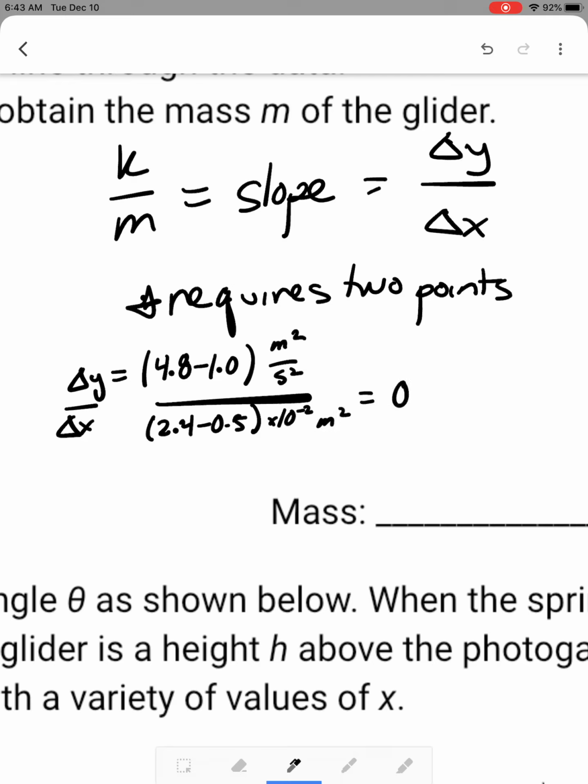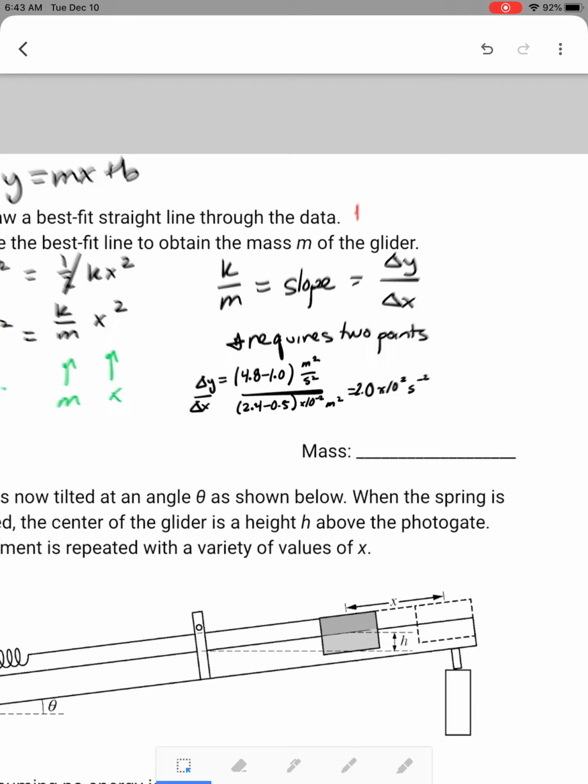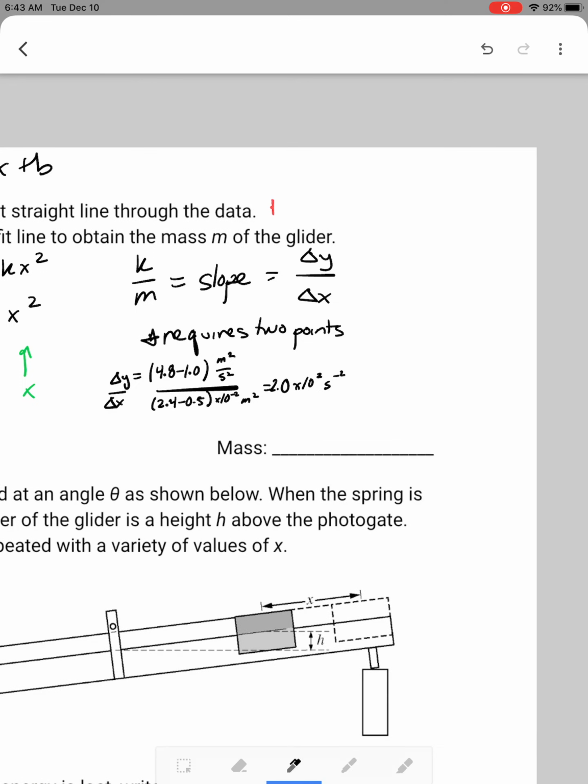So this is going to give me 2.0 times 10 squared seconds to the minus 2. Now I'm going to set that slope equal to k over m. So I'm going to say 2.0 times 10 squared seconds to the minus 2 is equal to k over m, which means m is going to be equal to 40 divided by 2.0 times 10 squared. So m is equal to 0.20 kg.